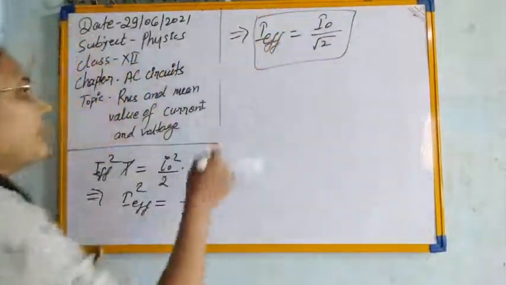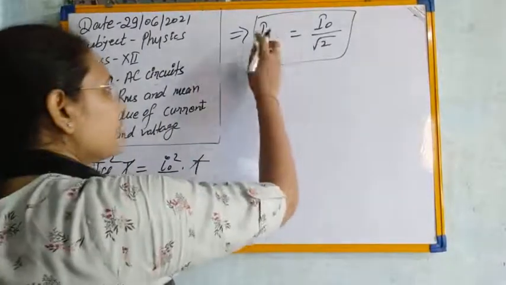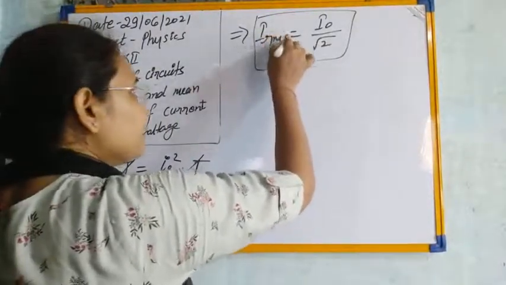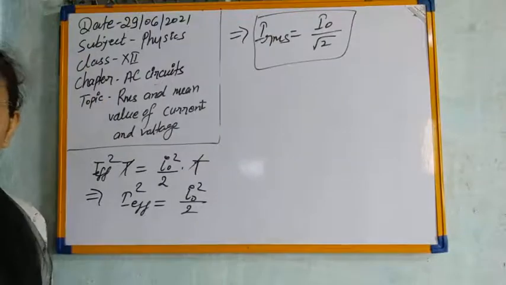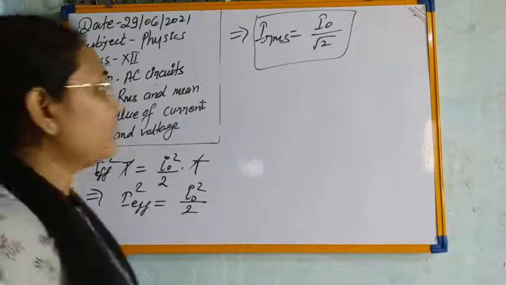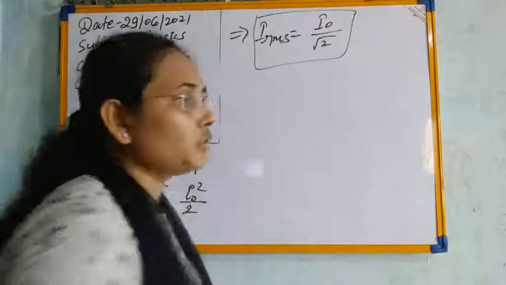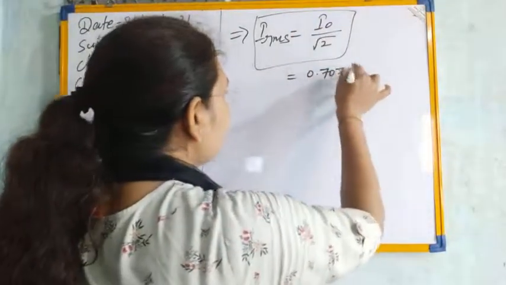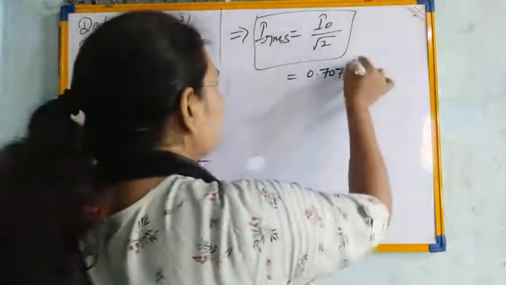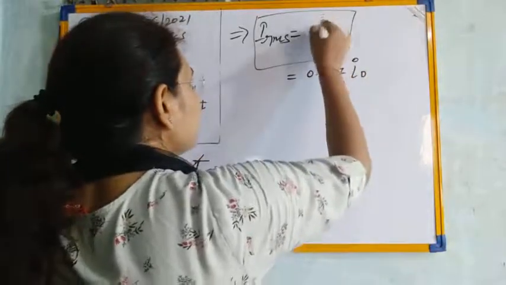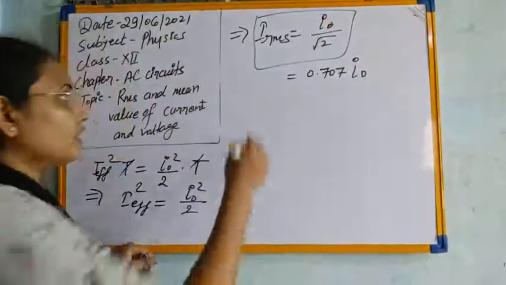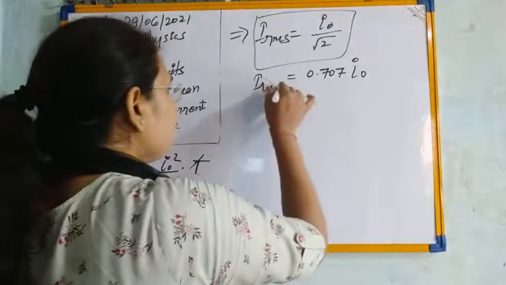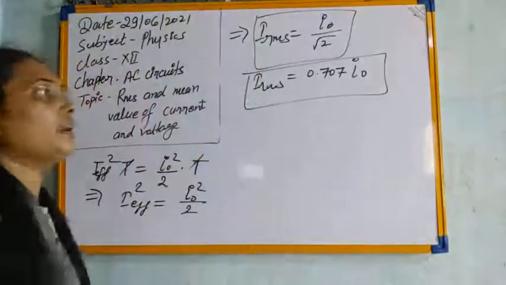So this is our final answer. Instead of I effective, if you find it more suitable, you can also write I RMS. So I RMS value is equal to I0 upon root 2, which is equal to 0.707 into I0. So this is our final answer for the I RMS value of any alternating current.